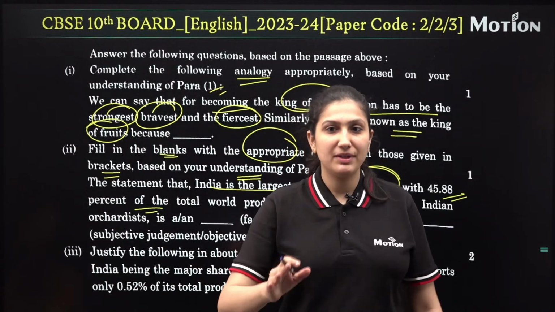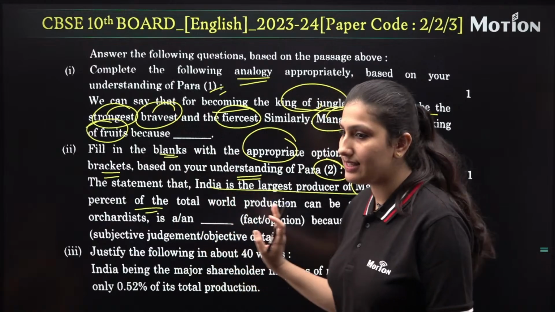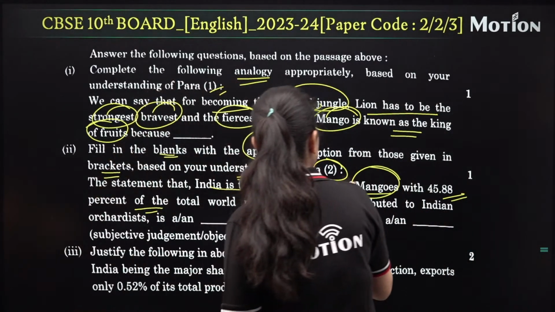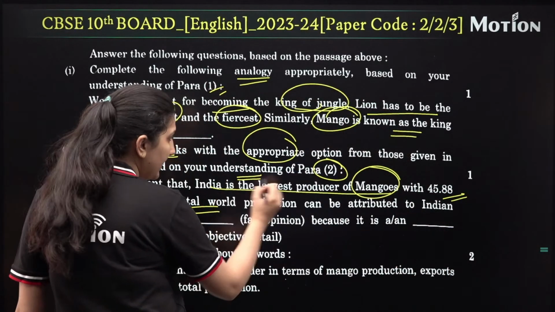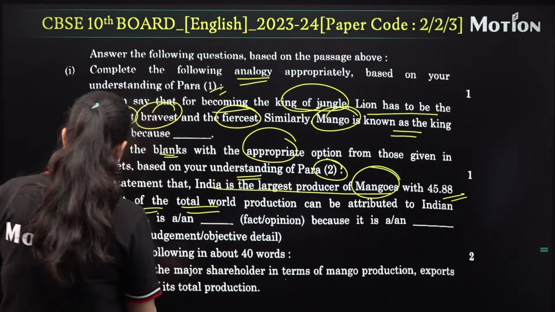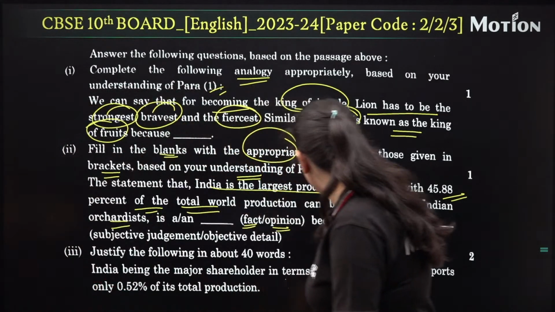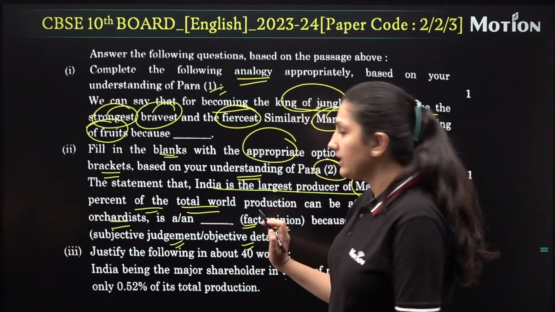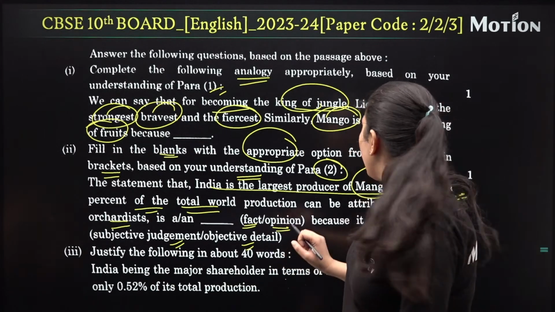We'll come to it, but first of all, let us find answers for this, whatever we are solving in the class. So, India is the largest producer of mangoes with 45.88% of the total world production, can be attributed to Indian orchardists. Now, is it a fact or opinion? Because it is a subjective judgment or objective detail. This is very easy. Very good. Dharmesh Kumar. हाँ जी, ये fact ही है.